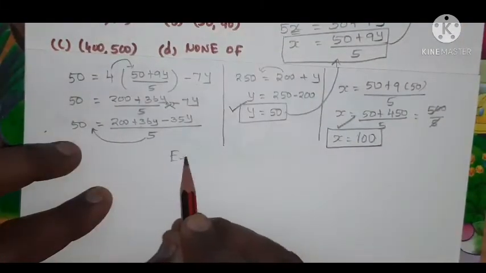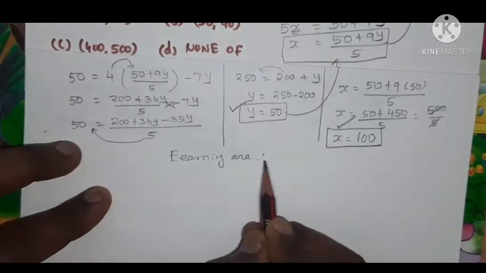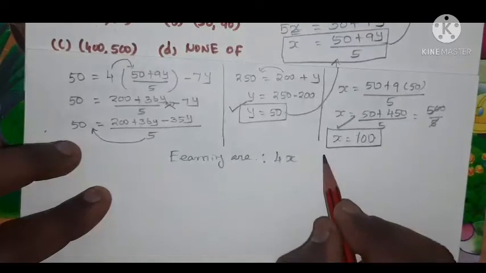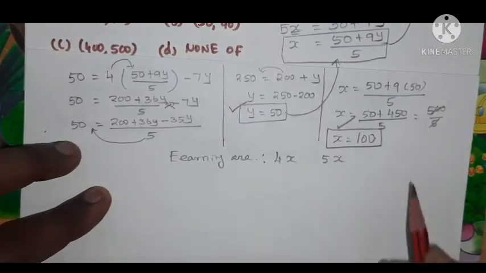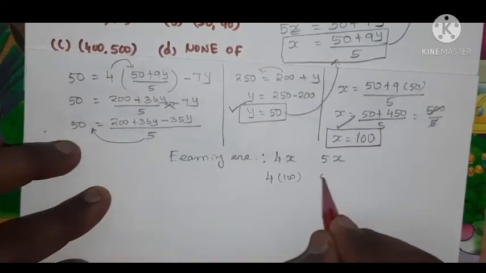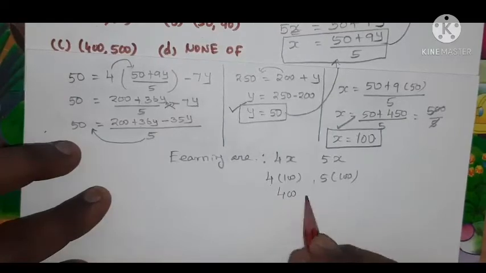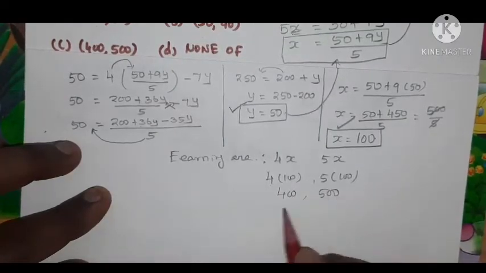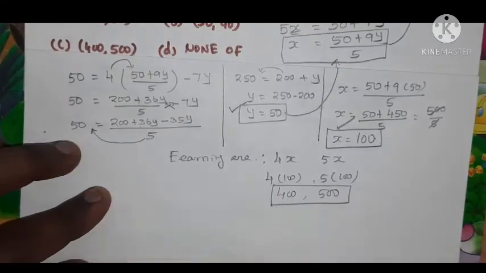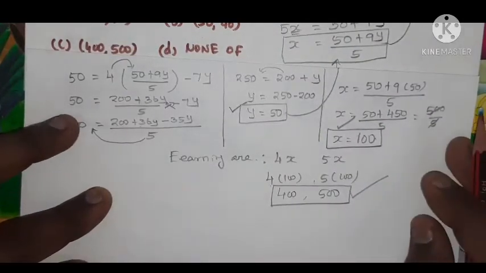So earnings are 4x and 5x. Am I right? So 4 into x is 100, where 5 into x is 100. Hence 4 into 100 is 400, 5 into 100 is 500. Hence 400, 500 is the answer for this particular question.